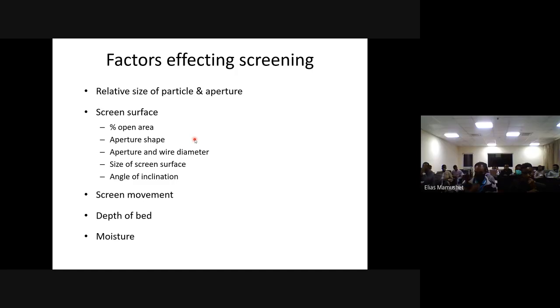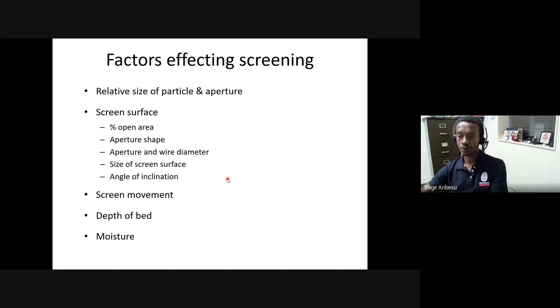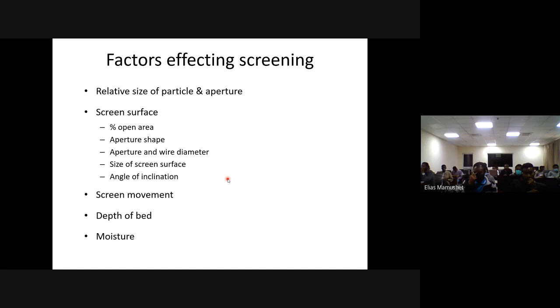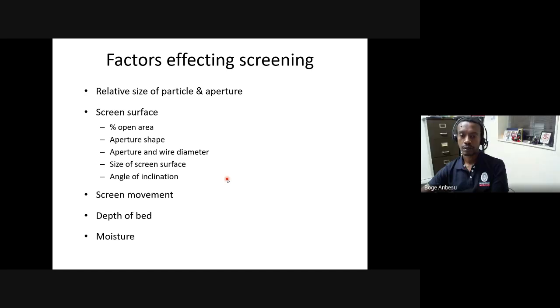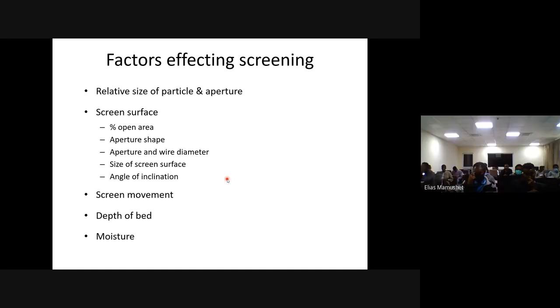So we are interested in both the efficiency and capacity of the screen. Yes. In the optimization sense. Regarding that, how can you determine the working conditions of the screen?